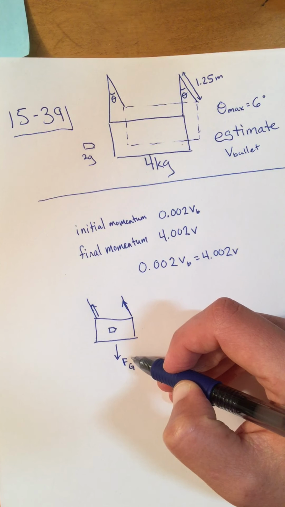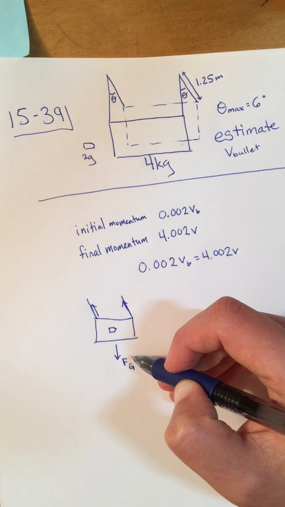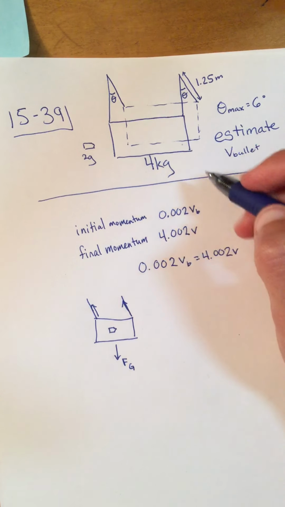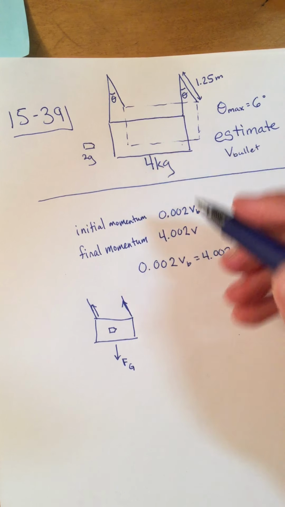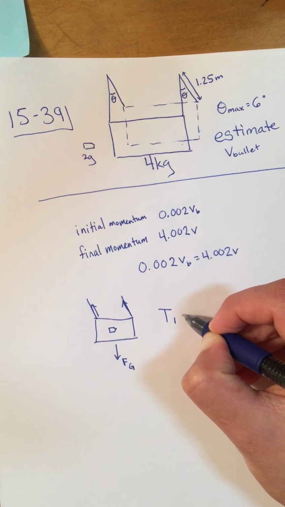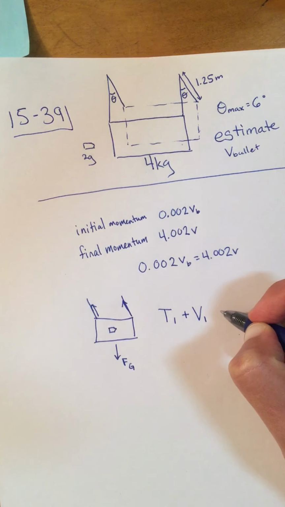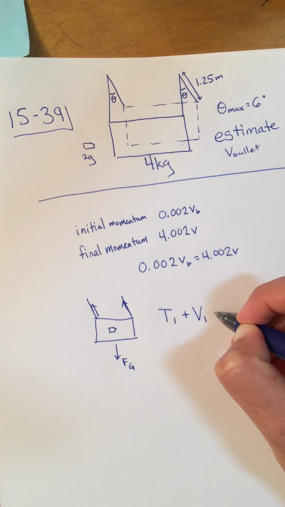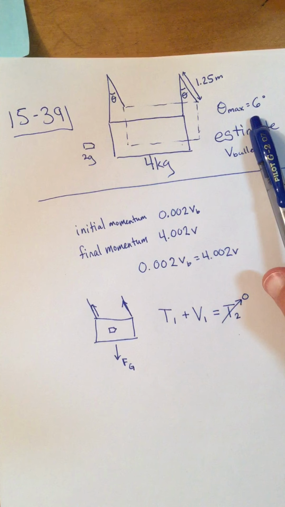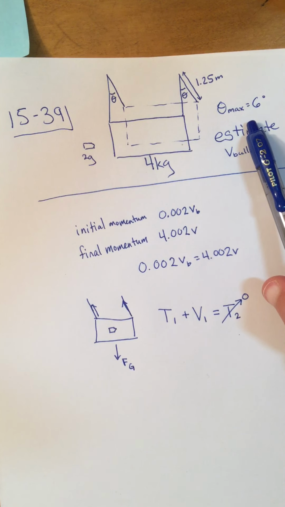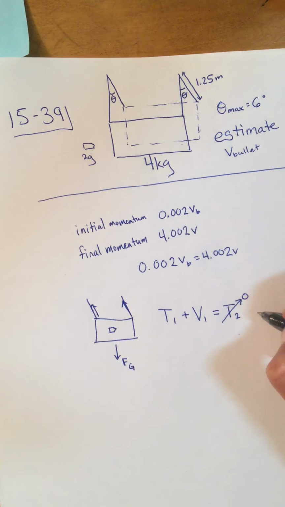The only force that does work is the force of gravity, but we can use gravitational potential energy for that. So let's say the gravitational potential energy is 0 initially when the bullet strikes the block. So we have our kinetic energy plus our gravitational potential energy plus the work done by forces other than gravity, which is 0, is equal to the final kinetic energy, but this is 0 because when you're at a maximum angle, that would be the turning point where the velocity is 0, plus the final gravitational potential energy.